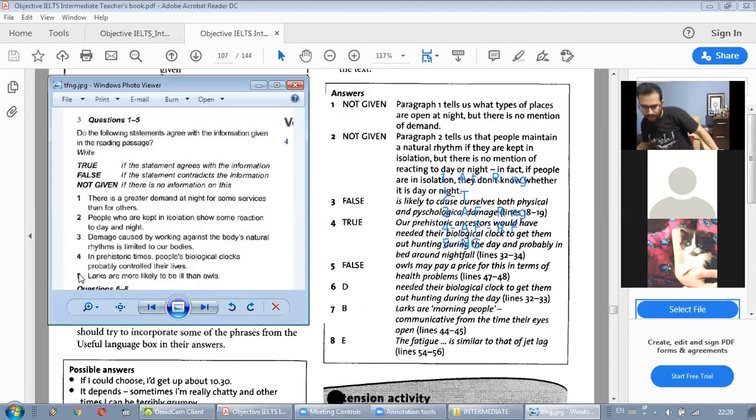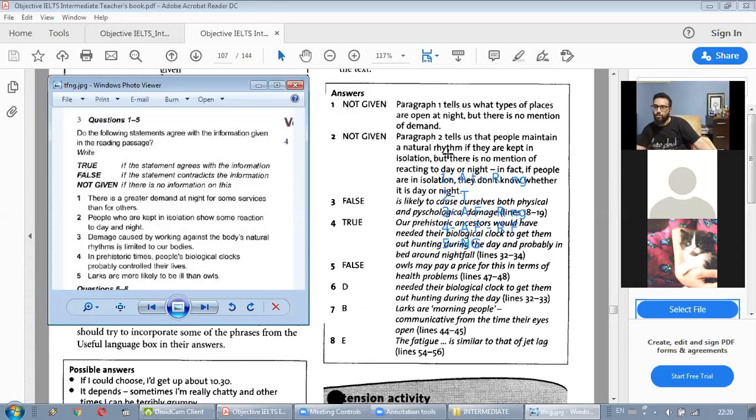In my opinion, number 5 is probably the most straightforward false. In the text, they're telling you black, and in the question, they're telling you white. So it's opposing information. If it's opposing, it's false.